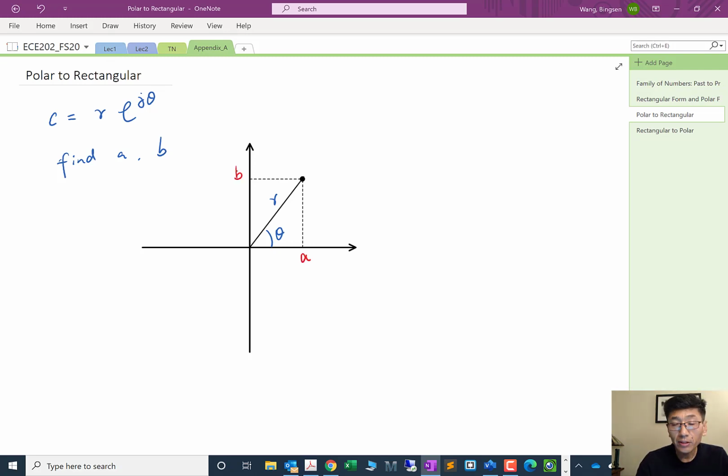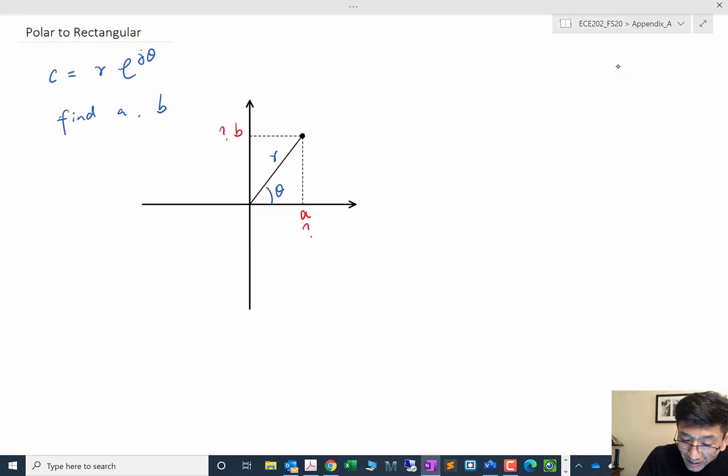So based on your geometry, this is quite straightforward. The a would be equal to R times cosine theta, right?